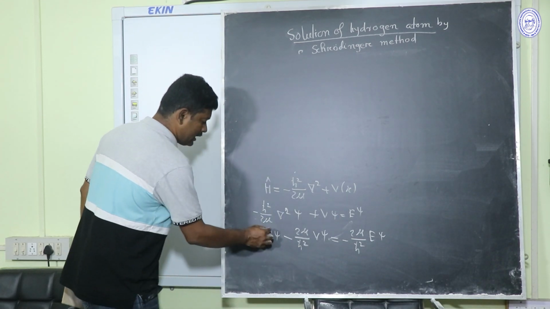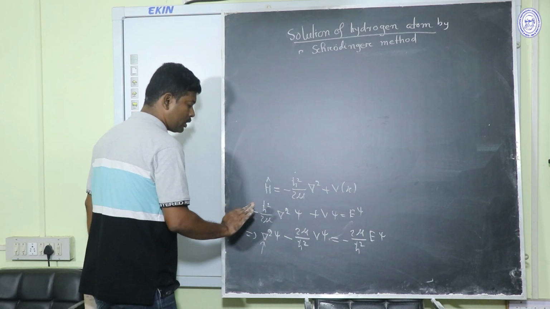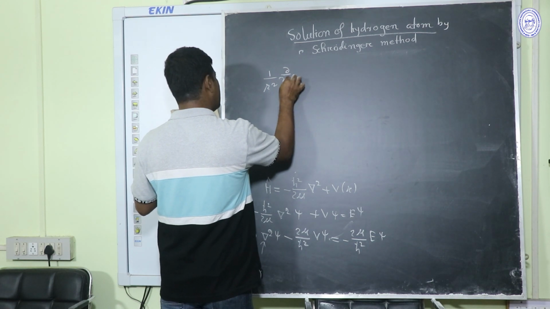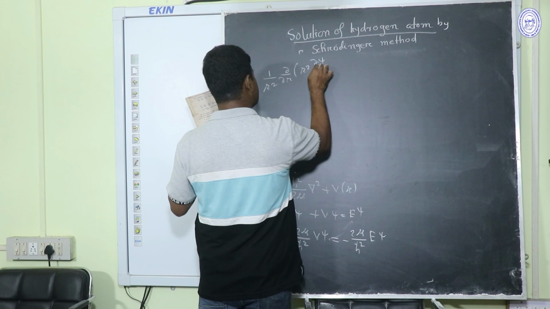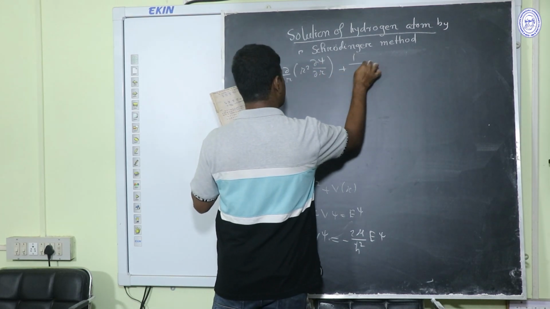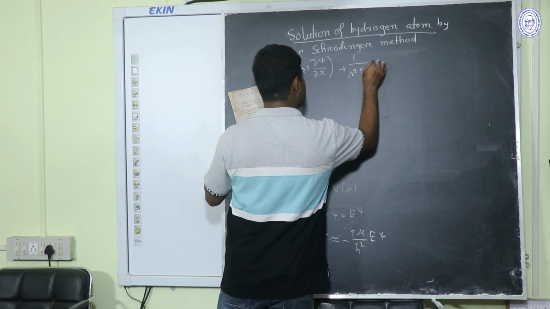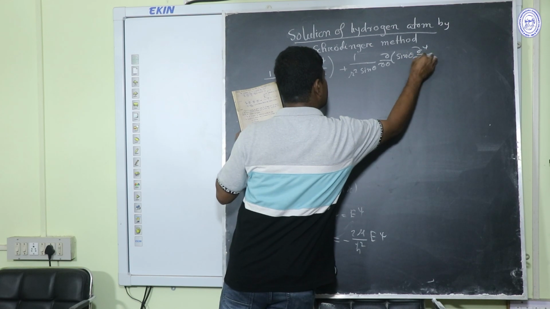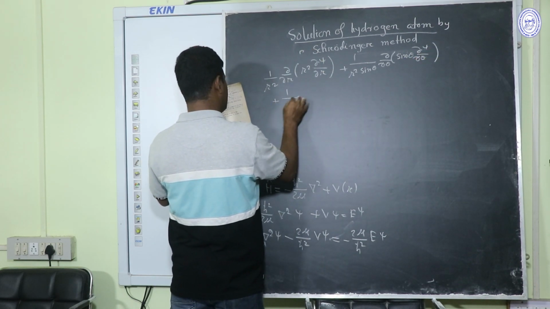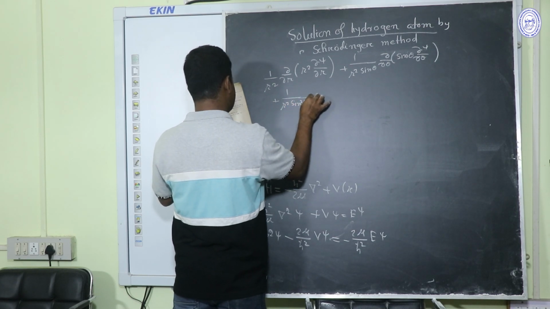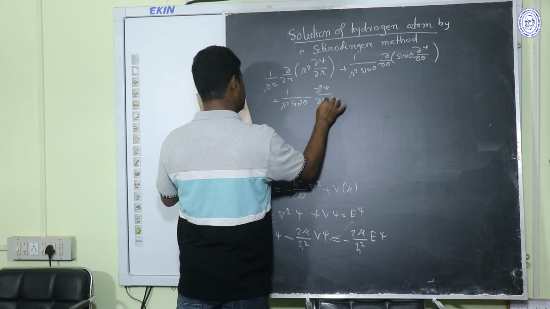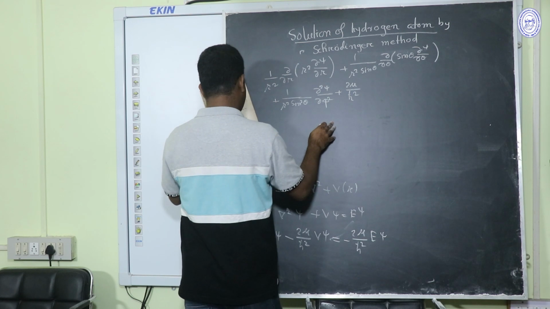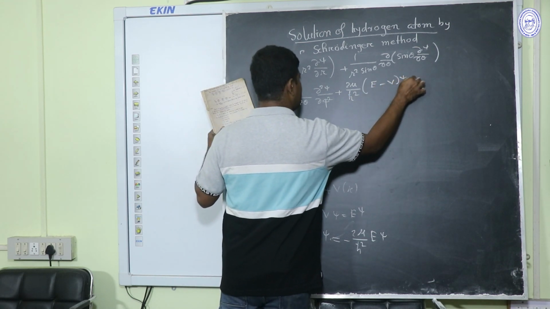Okay, now if we write the expression of the Laplacian operator explicitly in three-dimensional polar coordinates, then we can write 1 by r square del by del r of r square del psi by del r, plus 1 by r square sin theta del by del theta of sin theta del psi by del theta, plus 1 by r square sin square theta del 2 psi by del phi 2, plus 2 mu by h bar square capital E minus V psi, this is equal to 0.